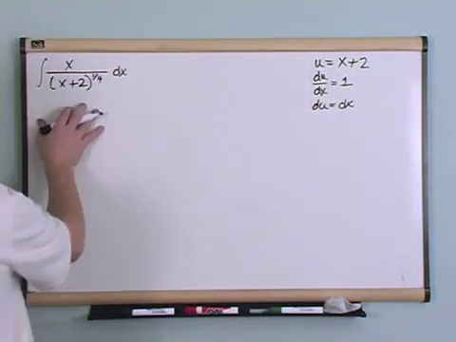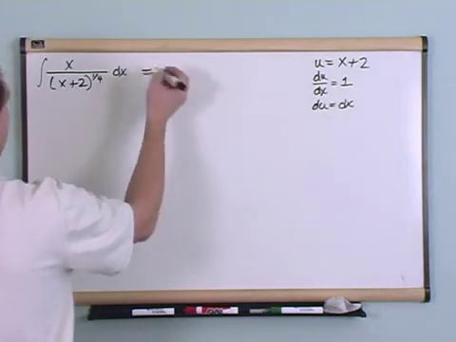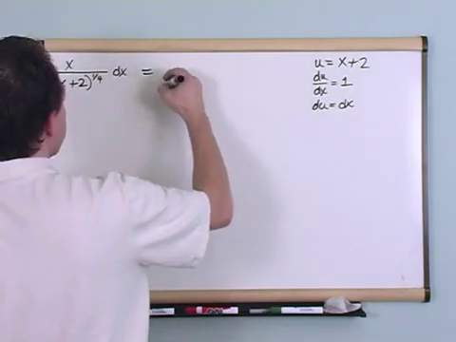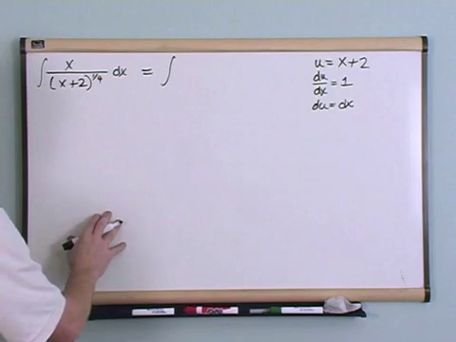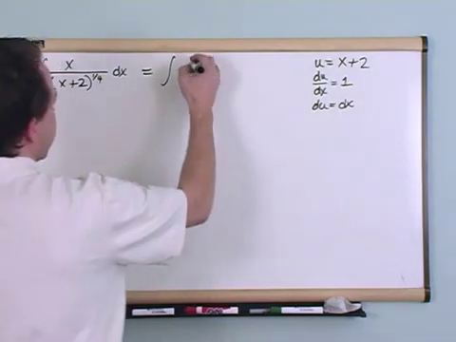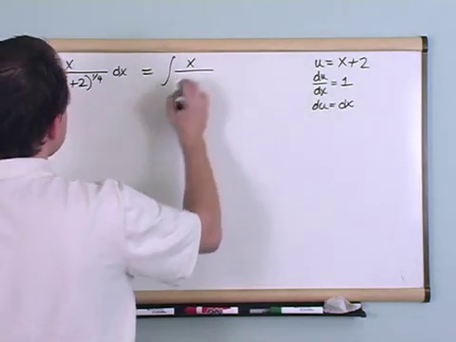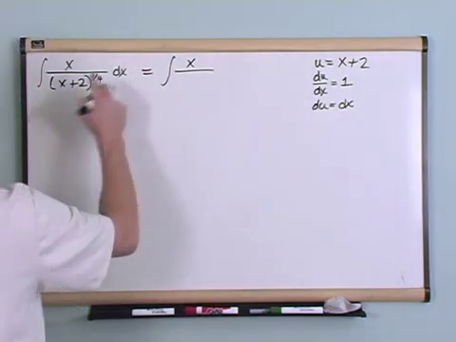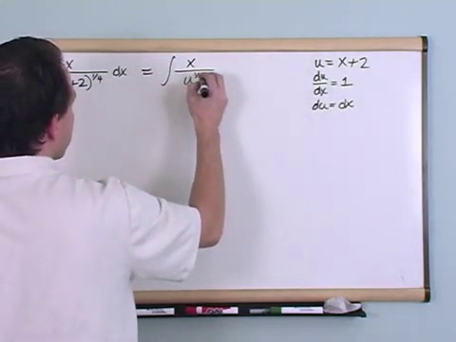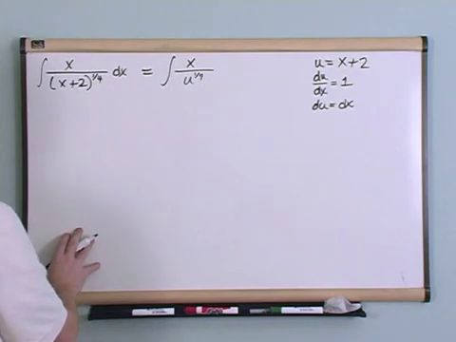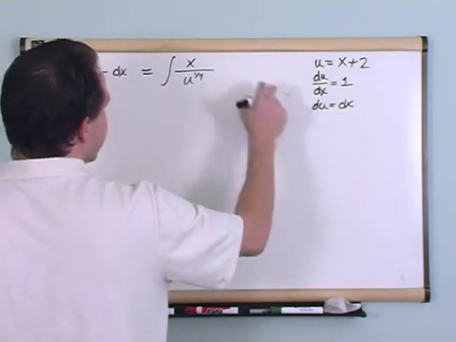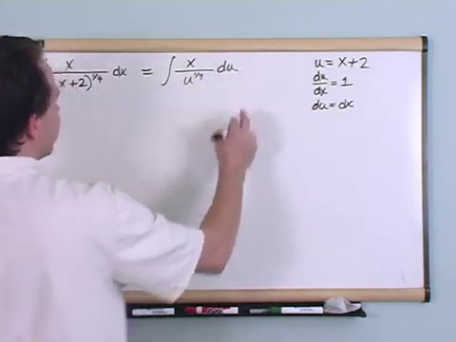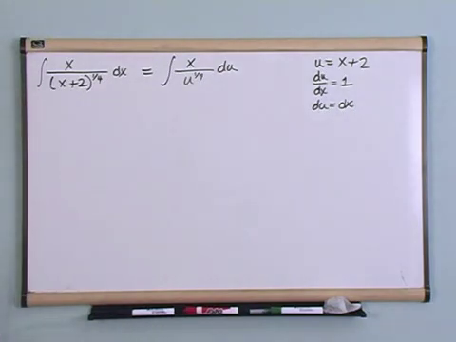Let's go ahead and try to rewrite this integral, and I'm going to do it over here next to it. I'm going to say the integral of x over u, since u is x plus 2, to the 1/4 power, like this. And then dx. dx is du, so I'm going to put du. Now, we've run into a problem, you see.